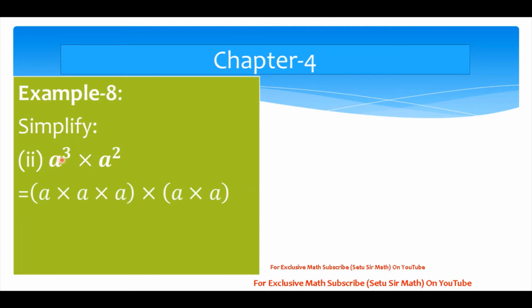A cube means A multiplied by A multiplied by A, and A square means A multiplied by A. If we multiply all, that is 5 times A, and we can write A to the power 5. That means we have to write on a single base, and how many A? 1, 2, 3, 4, 5. That would be the power of A. That means A to the power 5.